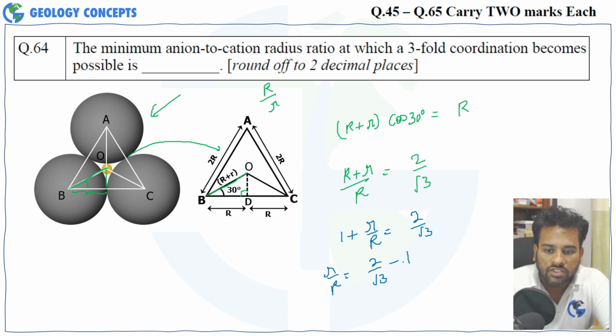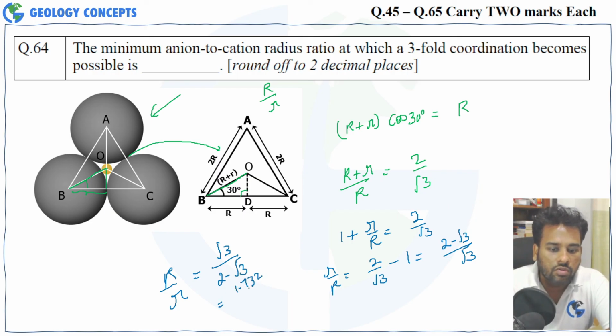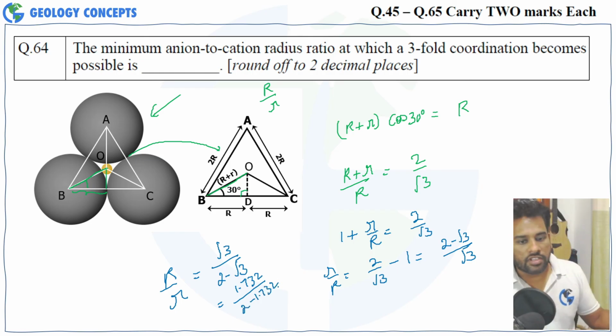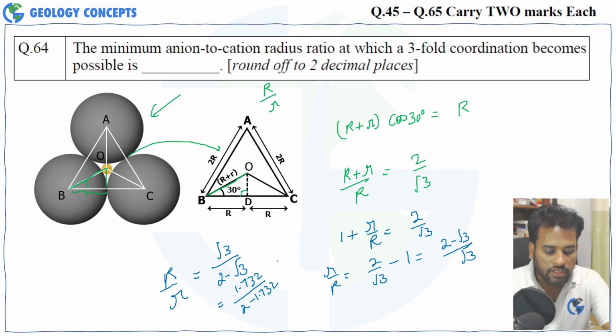So this is again equal to (2 minus root 3) divided by root 3. What the question is asking is R by r, not small r by capital R. So anion by cation comes out to be root 3 divided by (2 minus root 3). Now if you solve this, this is 1.732 divided by (2 minus 1.732). So here you will get 6.45.